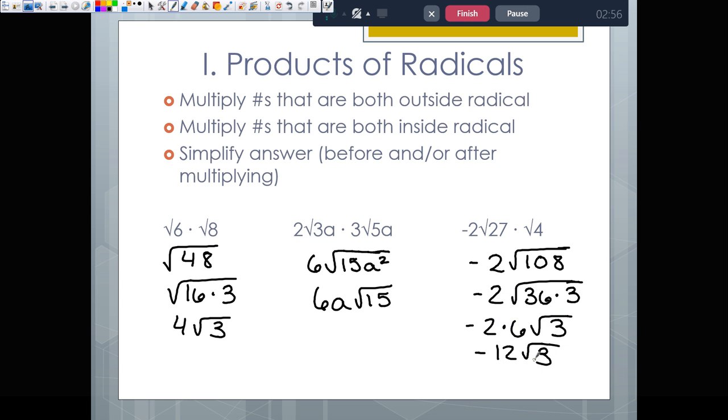So I could have found the square root of 4 first, and then broken apart 27 and then just multiplied it. It's really up to you how you'd like to do it. I'm afraid if you square root 4 first, you're going to forget to multiply the 2 by the number. So I could have done it like this. I'll show you.